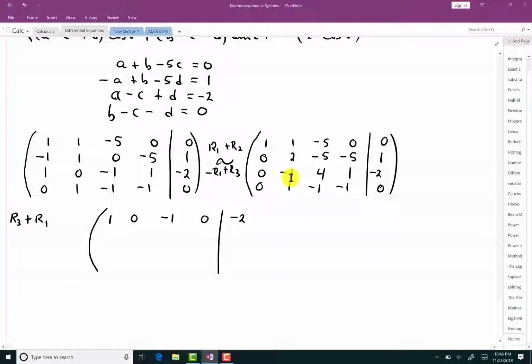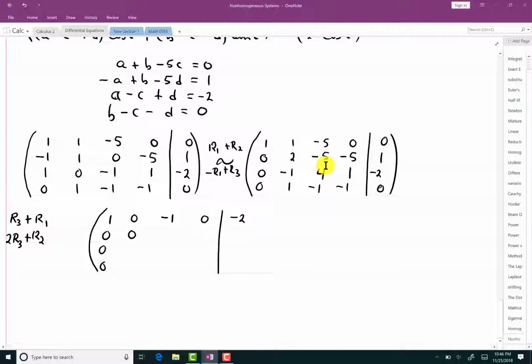Now I'm also going to wipe out the second row. If I multiply this third row by 2, so if I do 2R3 and add it to R2, I'll be able to at least wipe out this particular coefficient. So with that in mind, by the way, these are going to stay zeros throughout the rest of the problem. Negative 2 plus 2 will be 0.